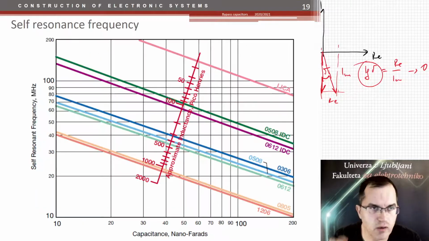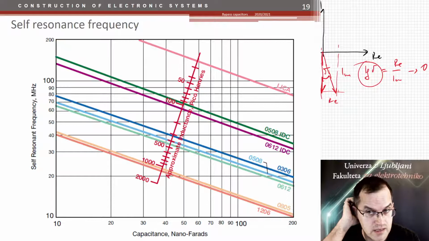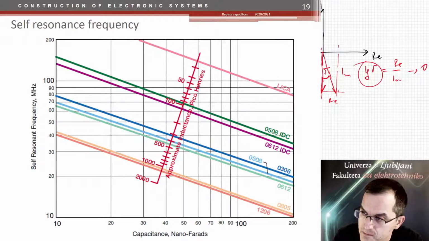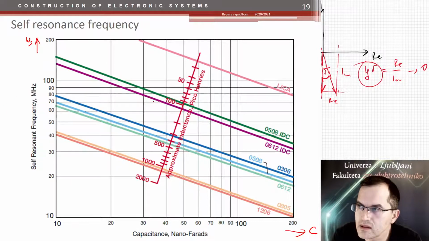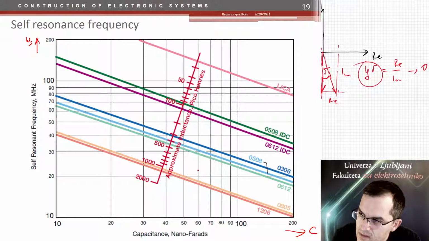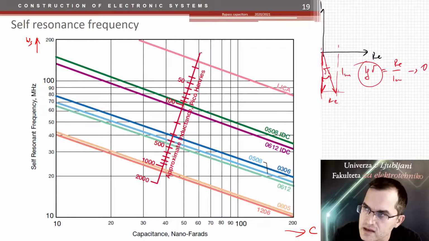So checking all the inductances of the case could be done on that figure. Here I have the capacitance. Here is the self-resonance frequency. And here are the case sizes. Since the self-resonance frequency and the capacitance are related to inductance, these case sizes correspond to the same ESL, equivalent series inductance.